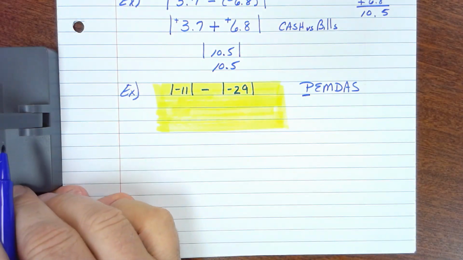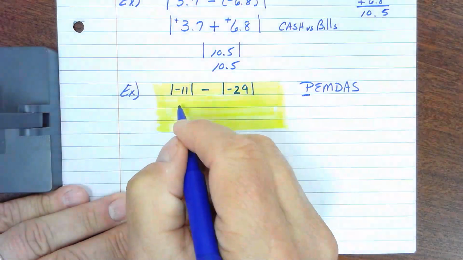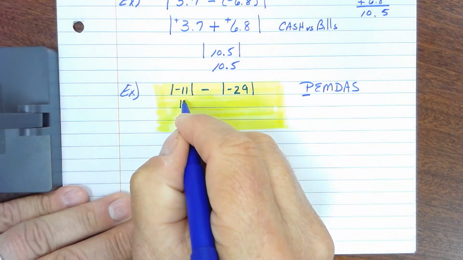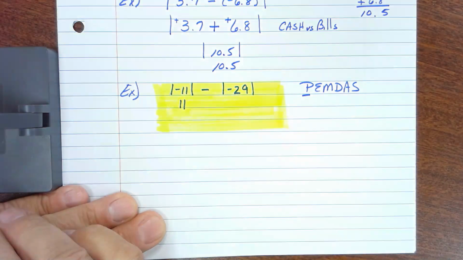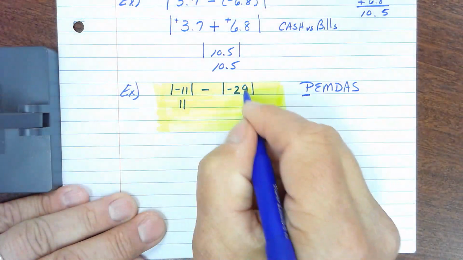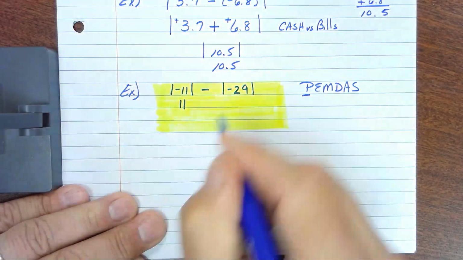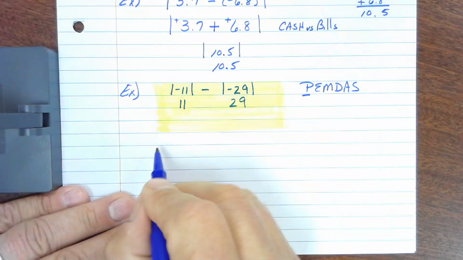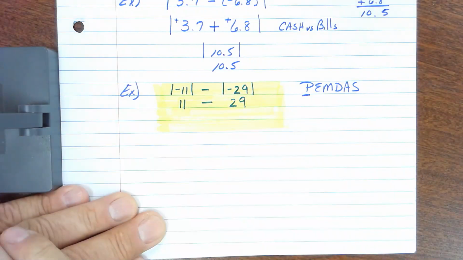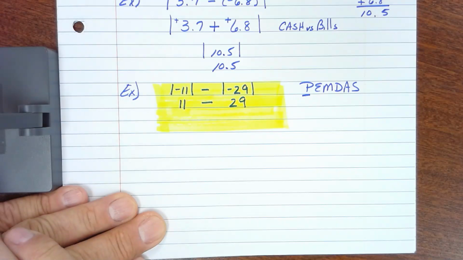And the answer is yes. I can take the absolute value. How far is -11 from 0? It's 11 units. And the same can be said over here. How far is this from 0? Well, it's 29 units. And what is it that's in between? -29, the minus sign.